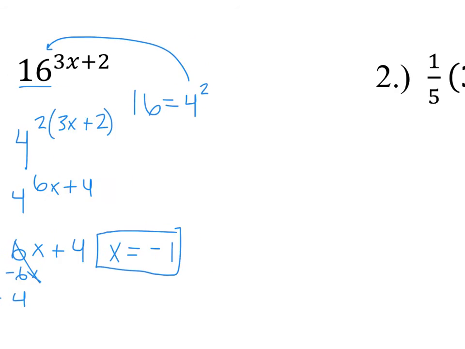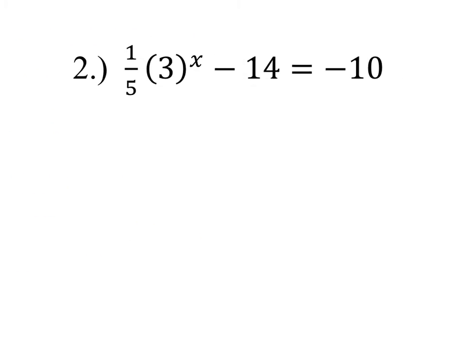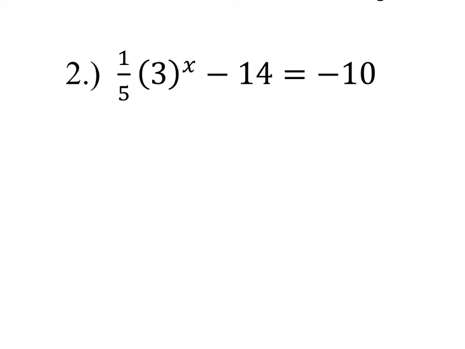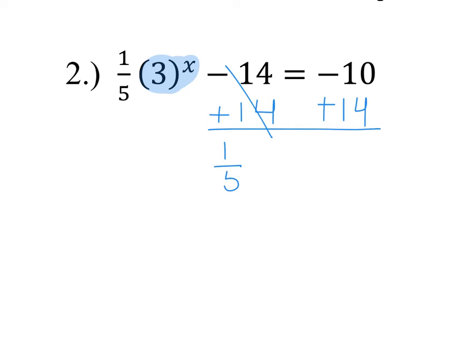The second problem is a little bit different. The second problem, I need to actually get the exponent and its base by itself. So everything else needs to go to the other side. So we start by adding the 14 over to the other side, giving me 1/5 times 3 to the x equals 4.